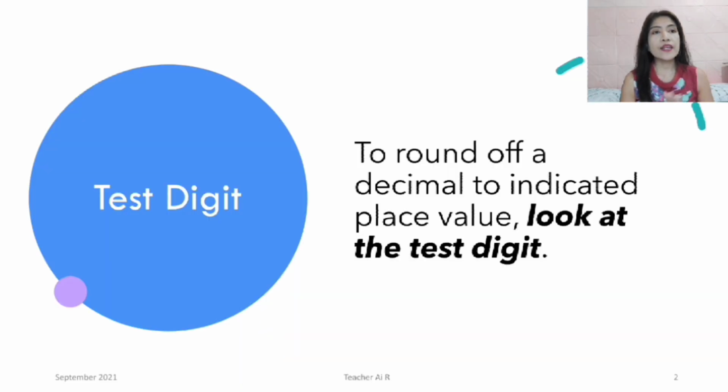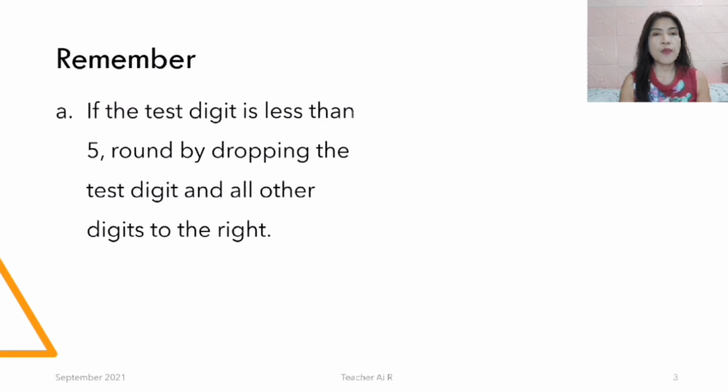So we have here the term test digit or the reference number. To round off a decimal to the indicated place value, you have to look at the test digit or the reference number. You have to remember that if the test digit is less than 5, round off by dropping the test digit and all other digits to the right.